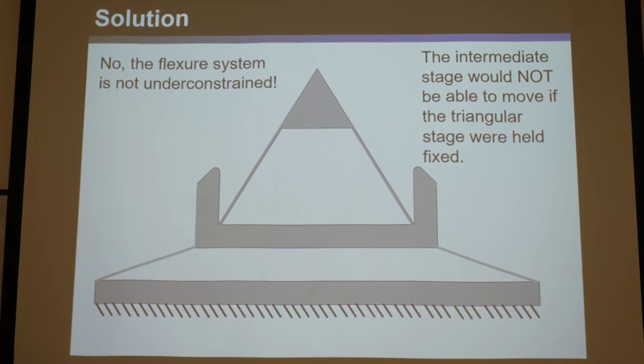Okay, so great. You can see how parallel things cannot be under constraint. Only serial and hybrid things can be under constraint. You can see what conditions make them under constraint or not under constraint. And hopefully you can see that exact and over-constraint have nothing to do with this concept. They deal with redundant or independent or non-redundant constraints.